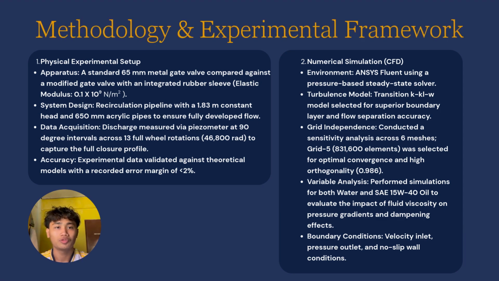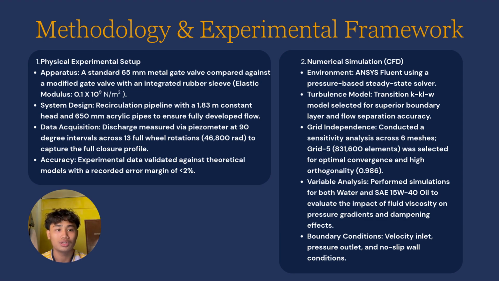So next, we move to methodology. Our methodology follows a dual-phase approach, integrating physical experimentation with high-fidelity numerical simulation. First, we compare a standard 65mm metal gate valve against a modified version featuring a rubber sleeve with an elastic modulus of 0.1 GPa.